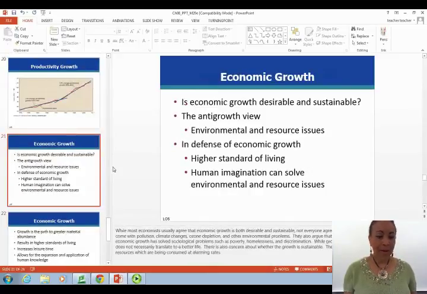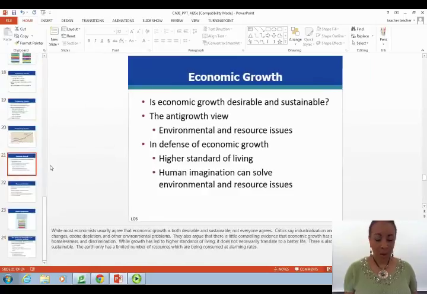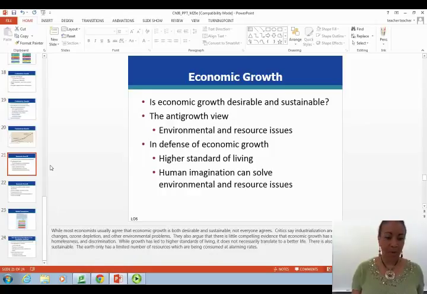I want you to take a minute and read the Consider This, which is Women, the Labor Force, and Economic Growth, page 183.